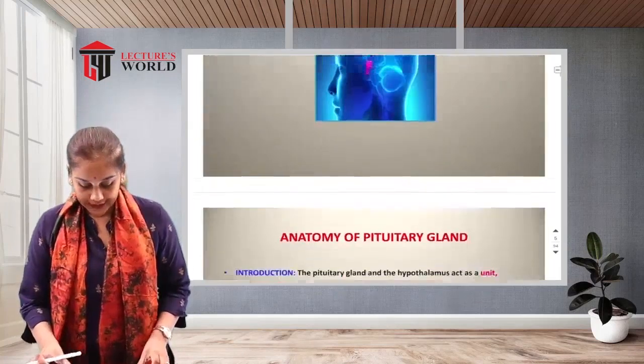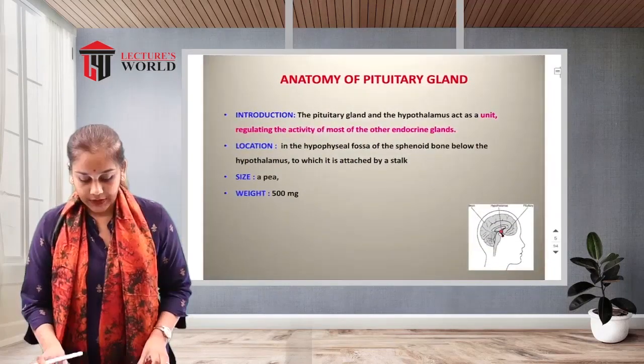Let us see the introduction of the pituitary gland.